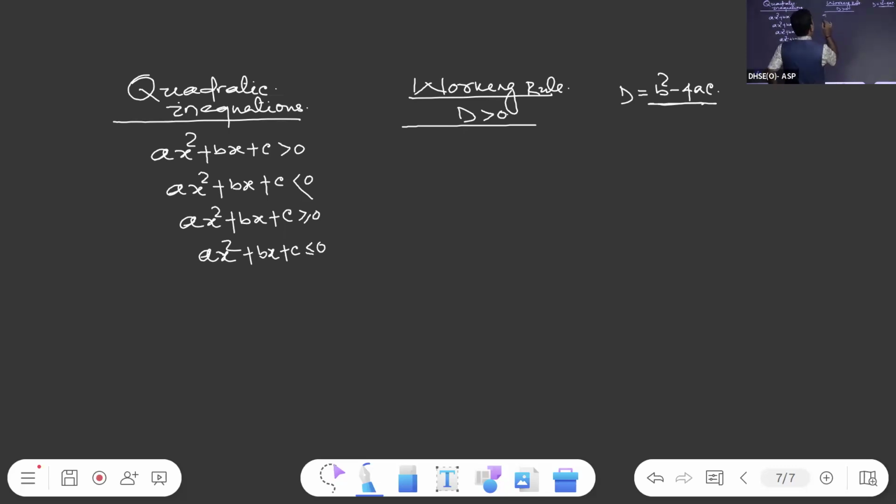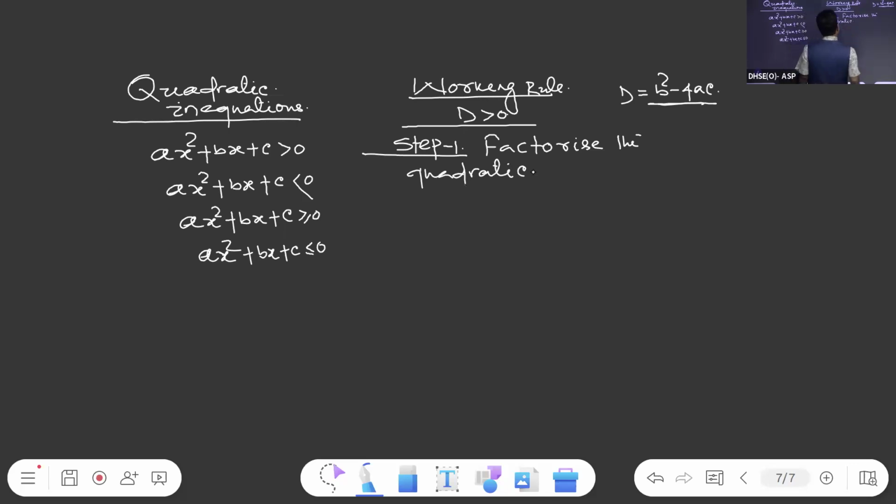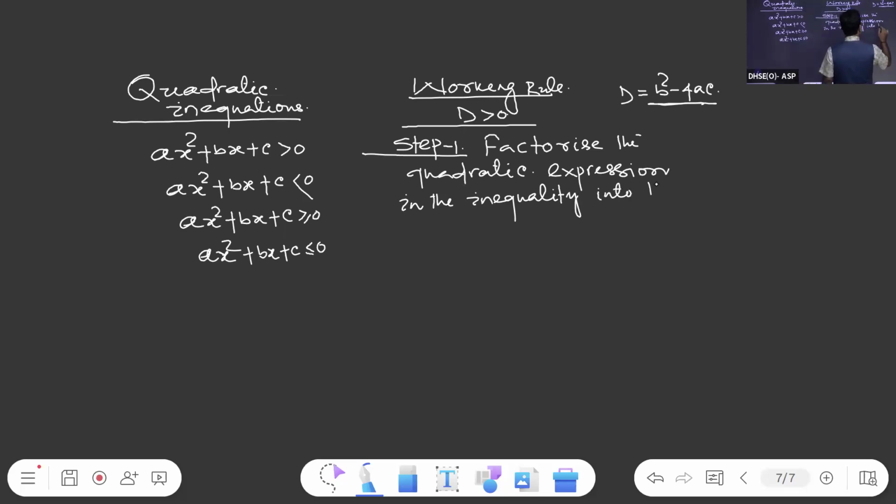Okay. So step 1: factorize the quadratic expression in the inequality into linear factors, or by finding the roots.